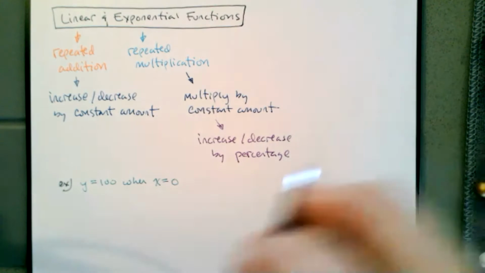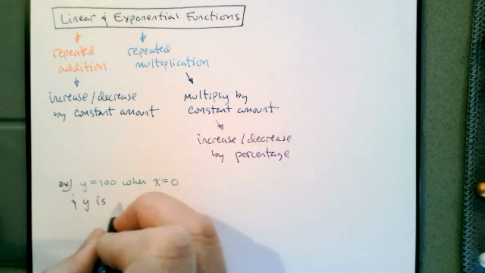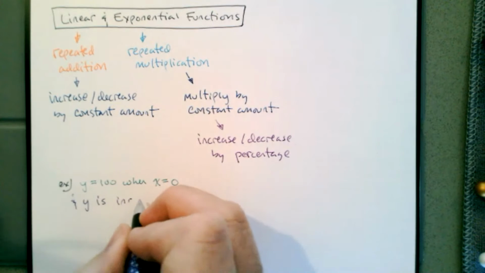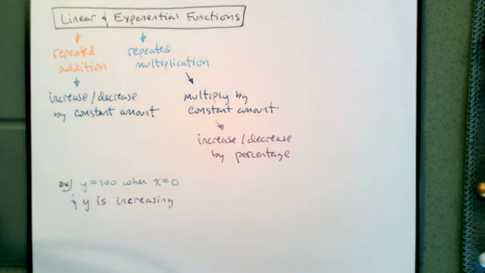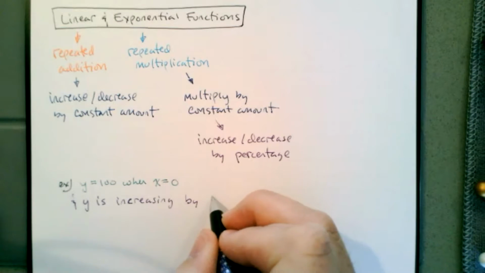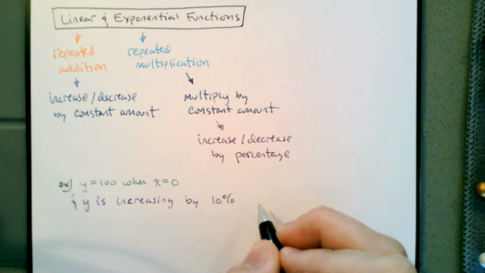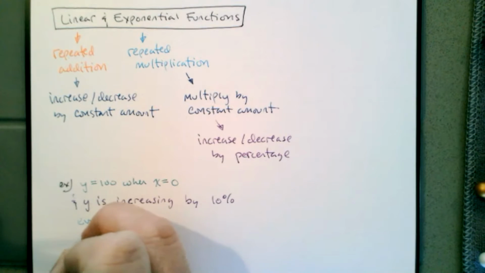Let's say y is increasing, not by some fixed amount, but by some percentage, increasing by 10% every unit. We'll just start off by going every unit.